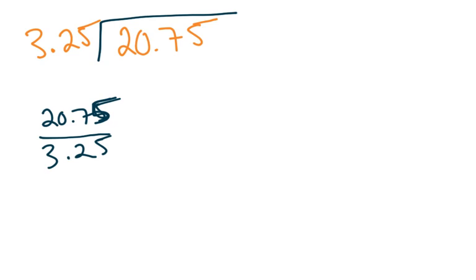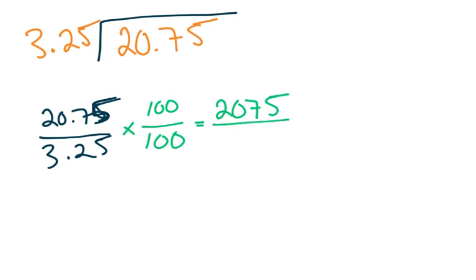So here I have 3 and 25/100 as my denominator or my divisor. So I'm going to multiply by a fancy one of 100/100 because that's going to make my denominator or my divisor a whole number. So that would give me 2075 divided by 325.